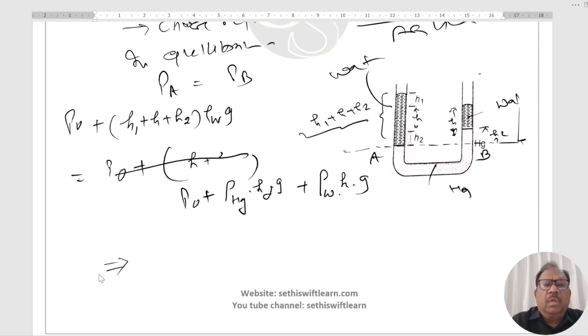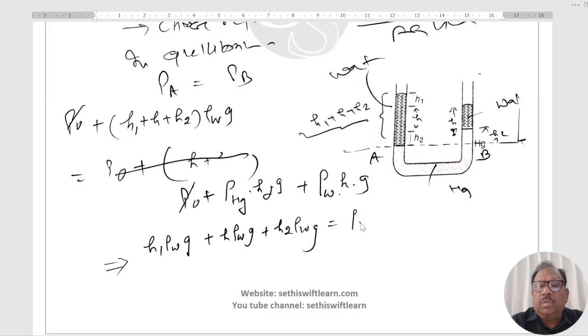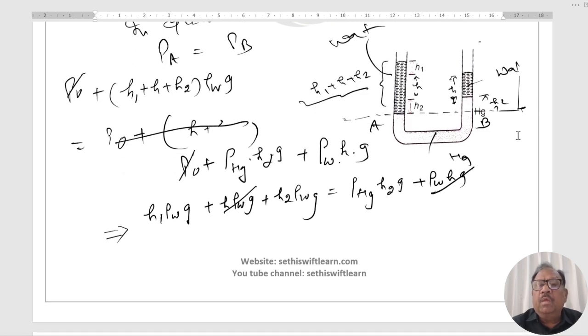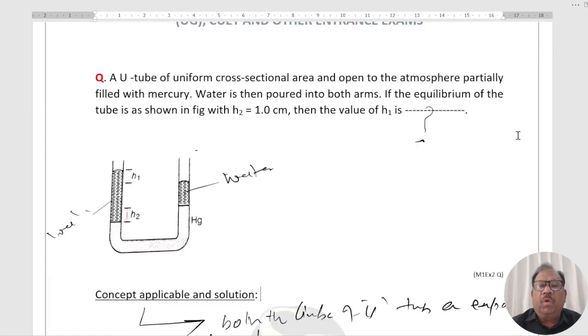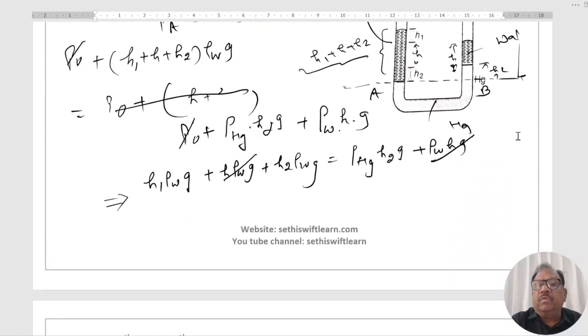Now, rearranging. P naught cancels with P naught. This comes out to be H1 rho water g plus H rho water g plus H2 rho water g equal to rho Hg H2 g plus rho water H g. This cancels, this cancels. Remaining, we have to find the value of H1. This is H1.